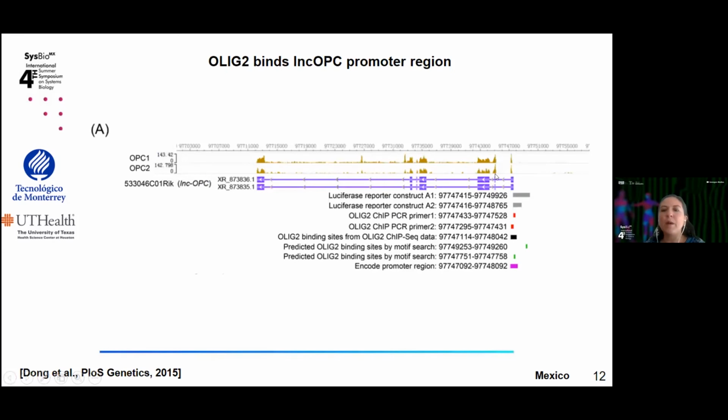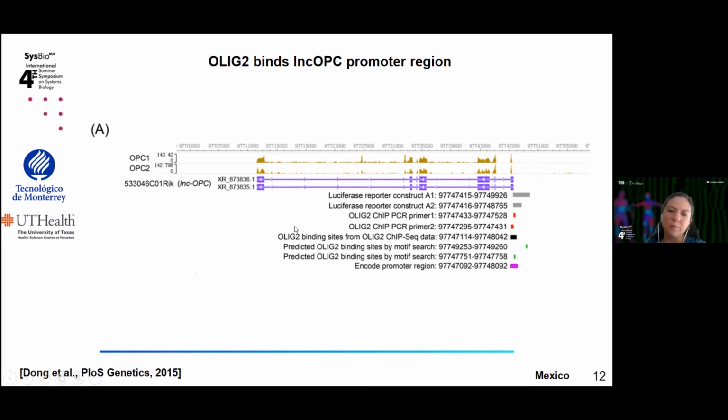By looking specifically at the lncOPC candidate, we see that in the promoter region, we performed ChIP-seq for a transcription factor that is highly relevant in oligodendrogenesis. This is OLIG2. We know that OLIG2 participates in the differentiation of neural stem cells to mature oligodendrocytes.